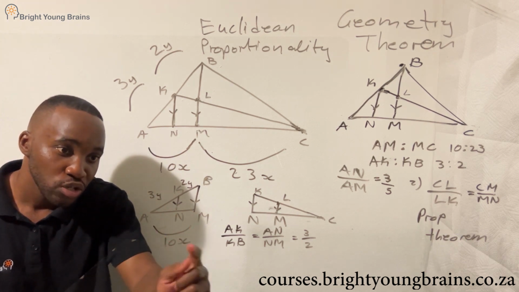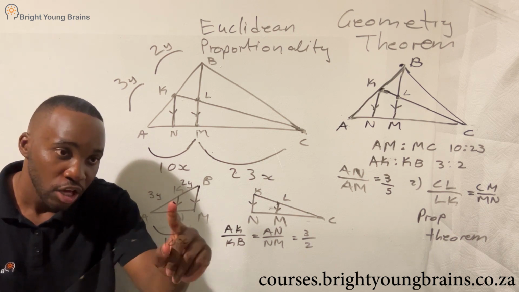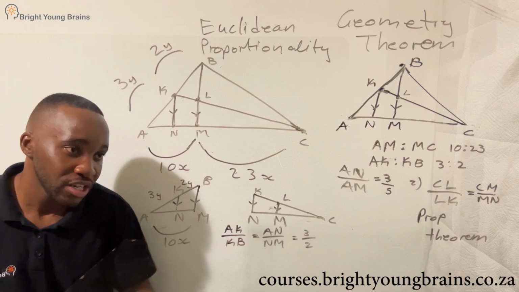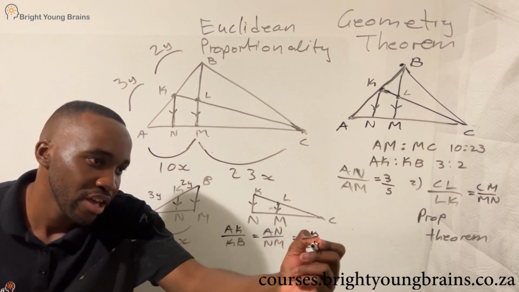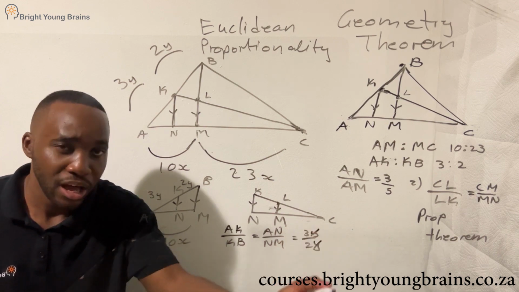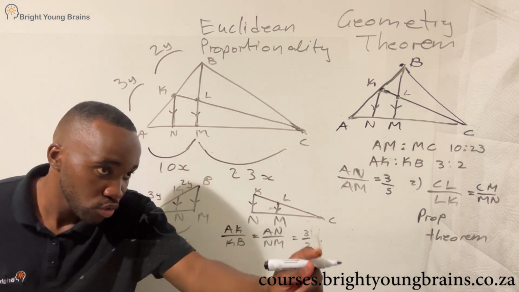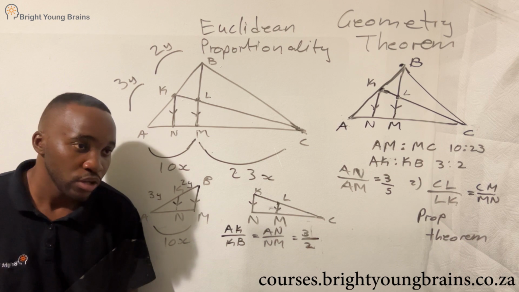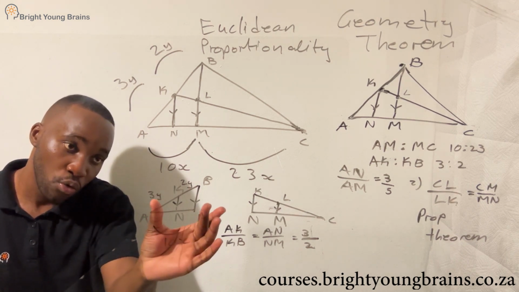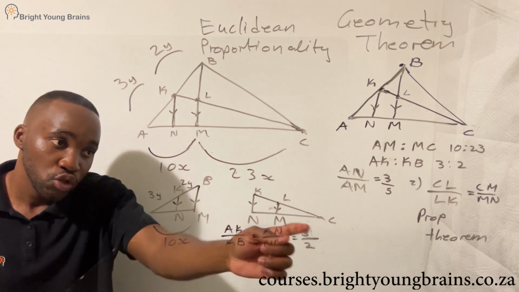So all you need to do is split up this 10x using the ratio 3 to 2. Because technically, you had 3y and 2y because of what you have on the other side, but we know that the y's cancel out there. So you'll just have a ratio 3 to 2. So let's split up the entire line here, 10x, using the ratio 3 to 2.